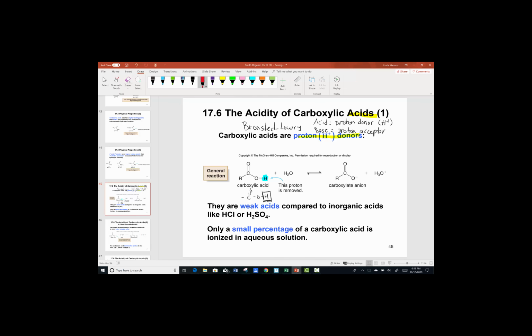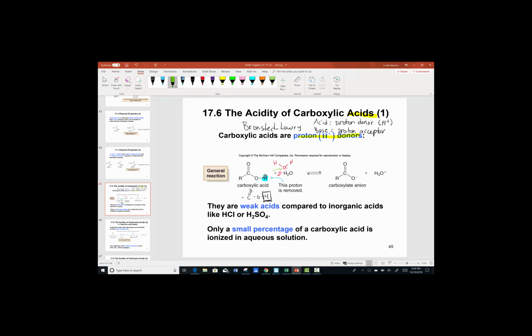Recall water is written as HOH, and it has these electrons on the oxygen, making it very electron rich. So if this is a very negative region on the water molecule, and this is a very positive region, a positive proton, we can see a proton transfer occurring, and that's exactly what happens.